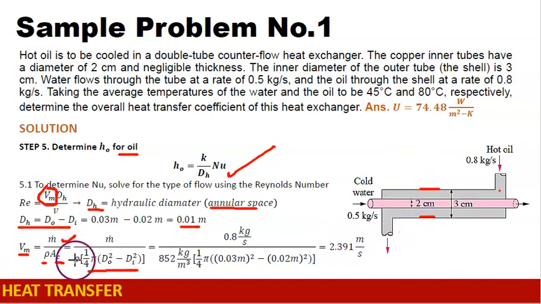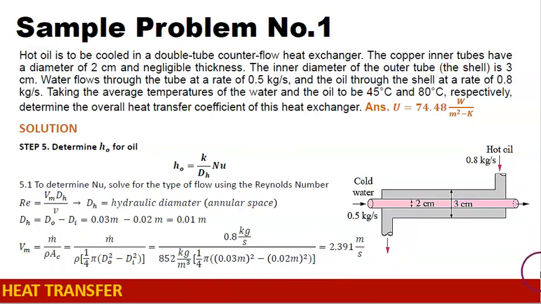That's why it is pi over 4 D outside squared minus D inside squared. So substituting to our working equation for the velocity, we have velocity of oil as 2.391 meter per second.